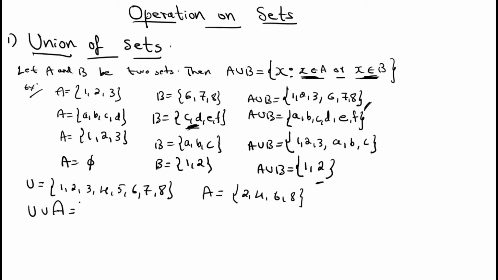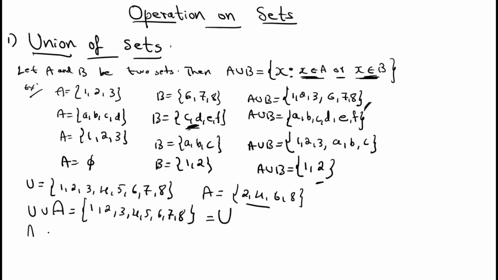That time what you will get, all the elements of U. What are the elements of U? 1, 2, 3, 4, 5, 6, 7, and 8. Next, all the elements of A. But you already wrote the elements of A, right? So if you combine a universal set with its subset, then what you will get? You will get the universal set only.